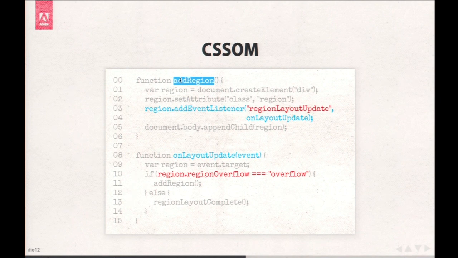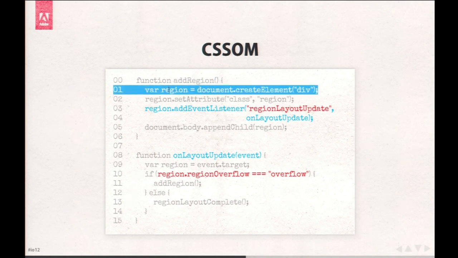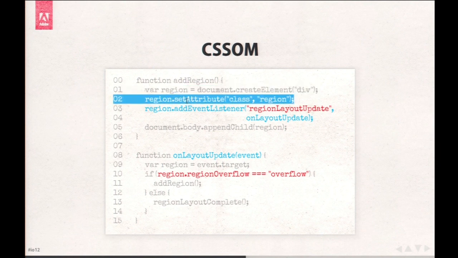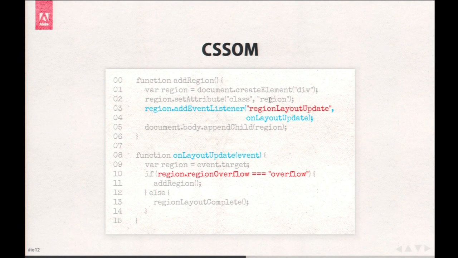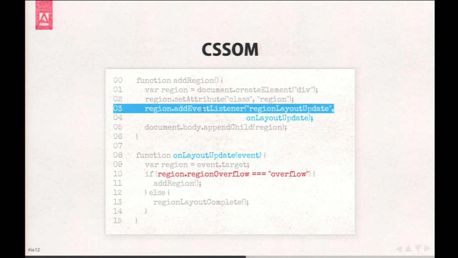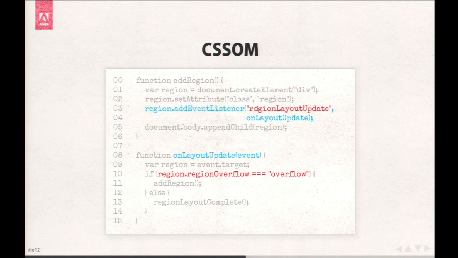It's actually pretty straightforward, and I'll just go through it. We start our layout with a function called addRegion here, and create a new region. And I'm going to set the class attribute to region, which we saw in the previous slide is the named flow. And this is a really important line of code right here, this region.addEventListener. We're going to add this regionLayoutUpdate event listener to our region, and we're going to call this function called onLayoutUpdate.